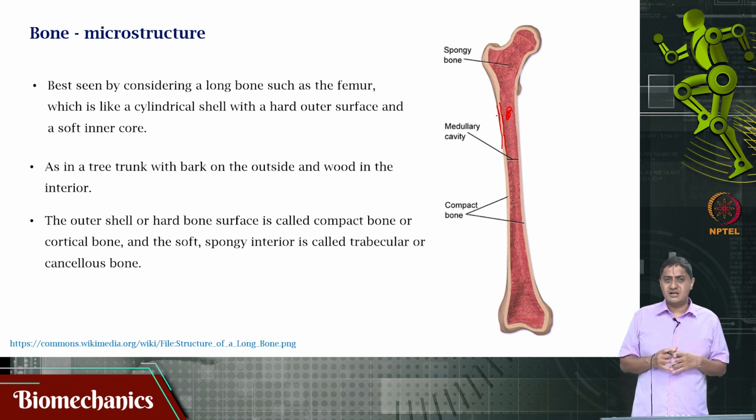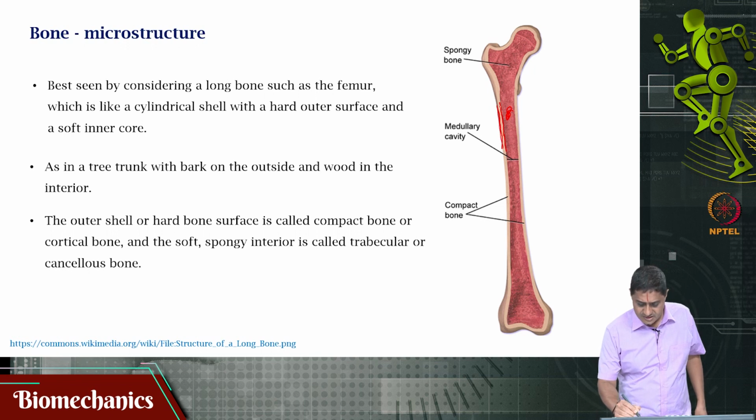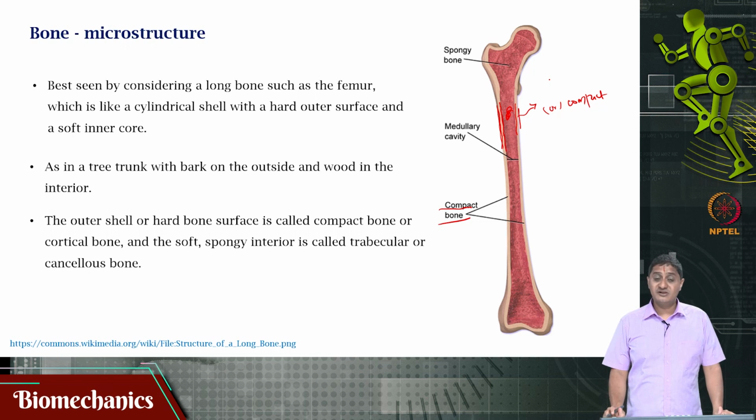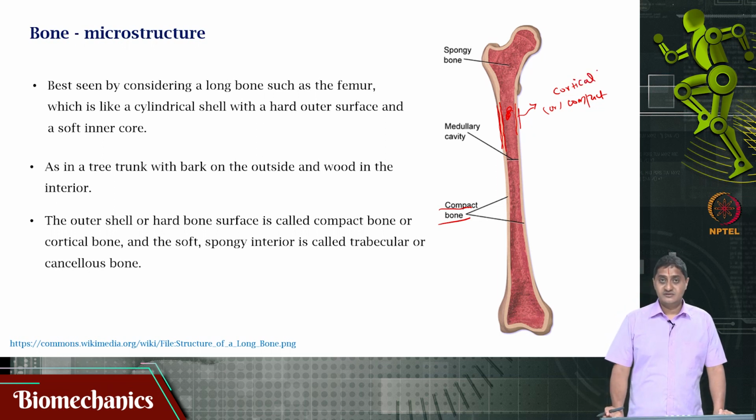The outer shell or the hard bone is called cortical bone, cortical or compact bone. Here it is mentioned as compact. The other name for this is cortical, not to be confused with the neural term cortical, which is referring to the cortex in the brain.